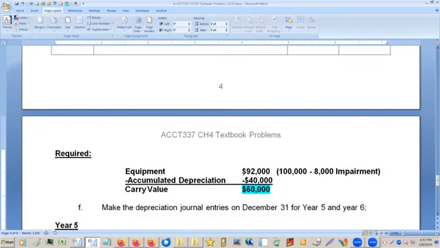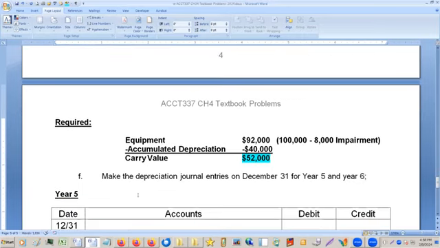So what's 92 minus 42? Oh, that's 52, right? That's what we're writing it down to. So after the write down is what we'd have. All right. So the carry value is 52,000, and we have 4 years have gone by, so there's still 6 years left, right?